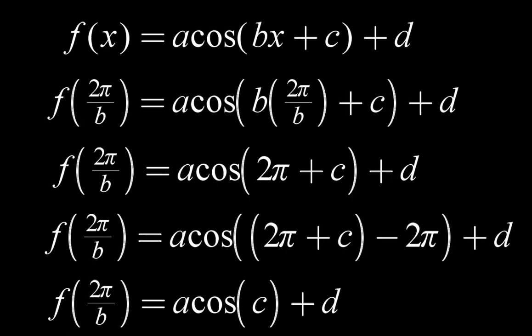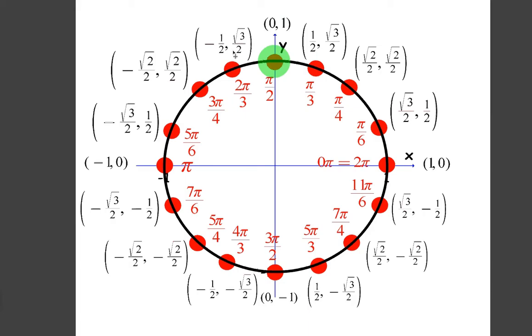We know that when we plug in 2 pi over b, we're going to get the same y value back. We've done that in the previous proof, where we showed that the period of cosine of bx is the absolute value of 2 pi over b, because it just cancels the b's and you're left with 2 pi inside the angle. And we know that's when cosine repeats itself. Again, here's cosine of 0 and the x value is 1.